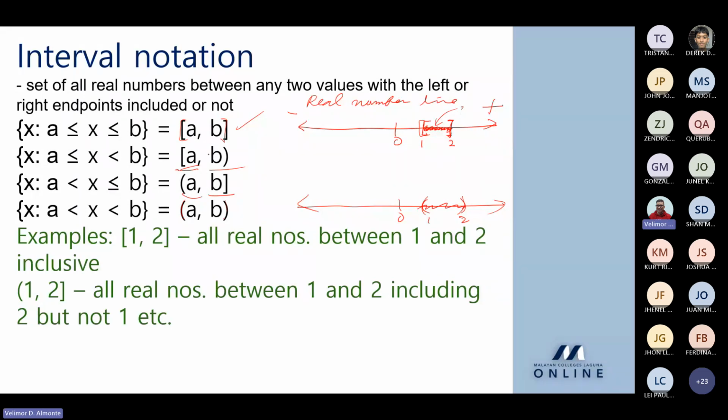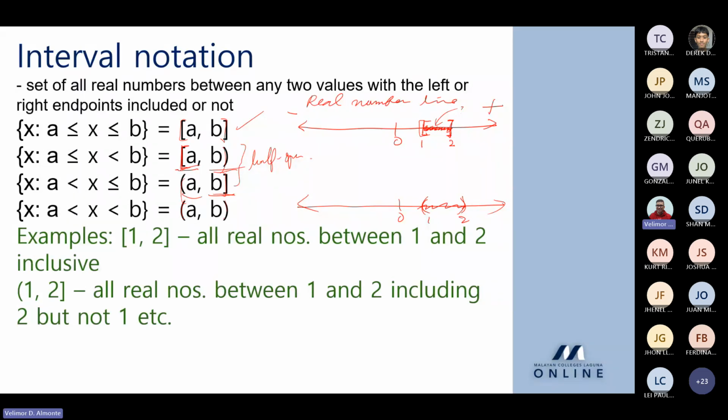You can also include the left end of the interval, but not the right. So bracket on the left, parenthesis on the right. You can include, for example, the right endpoint, but not the left. These are half open or half closed intervals, right?